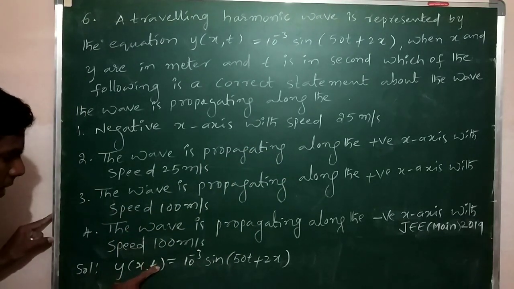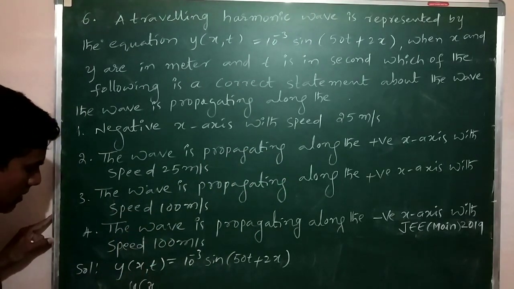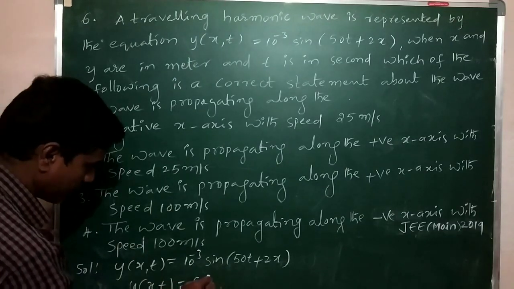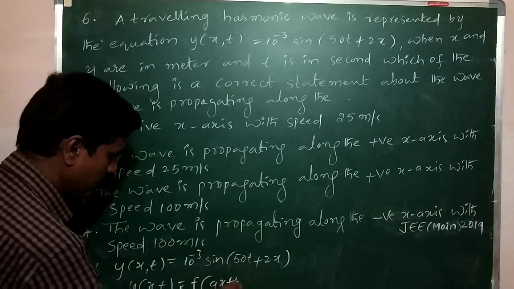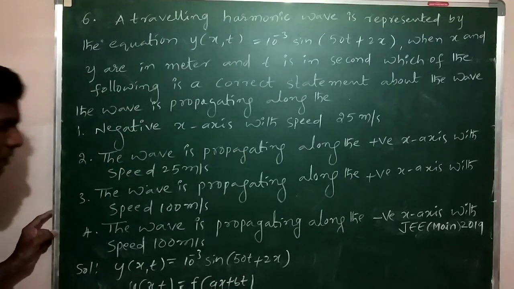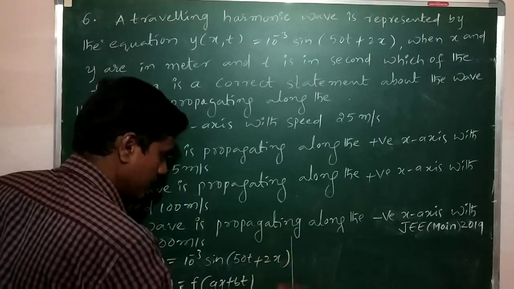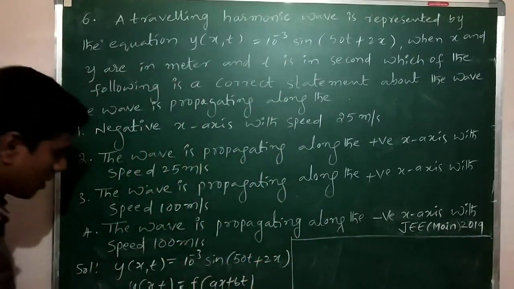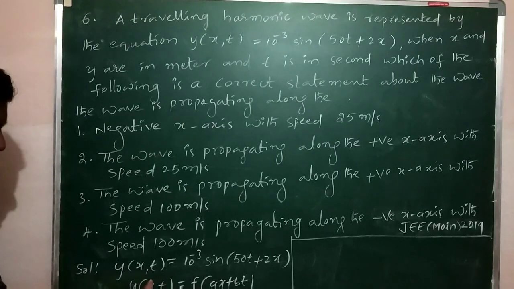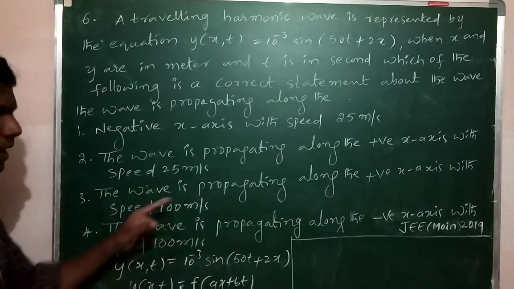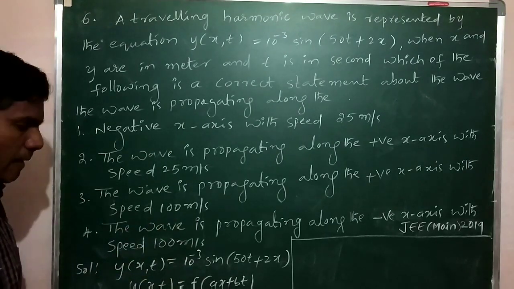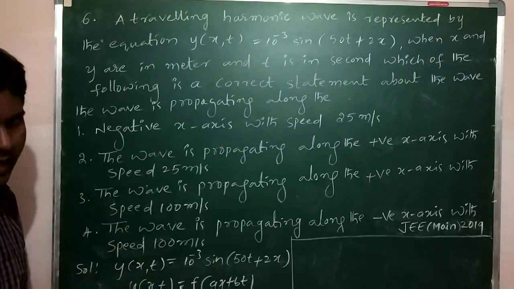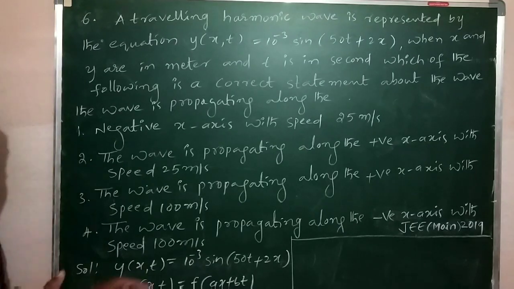Comparing with y(x, t) = f(ax + bt), or y(x, t) = A sin(ωt + kx), we take this equation. When we take that equation, v = ω/k.